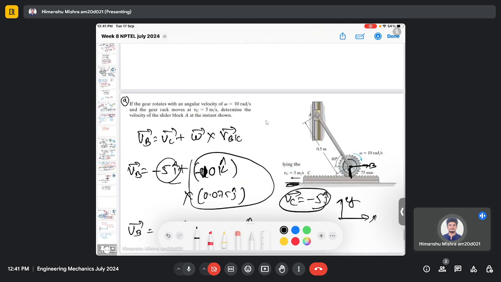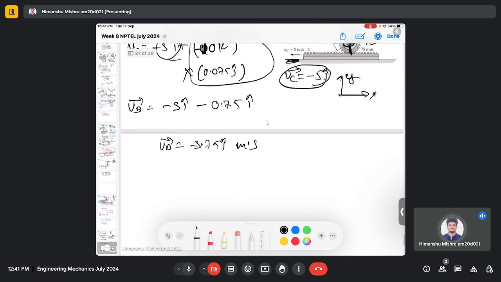Now I can use the relative velocity between A and point B using the same expression.